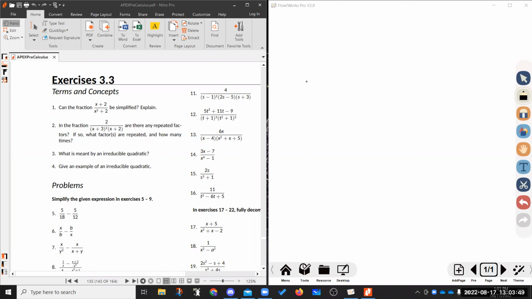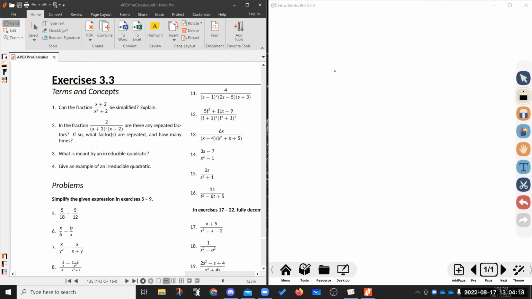What is meant by an irreducible quadratic? An irreducible quadratic is something that can't be factored across the rationals into linear factors without introducing square roots.